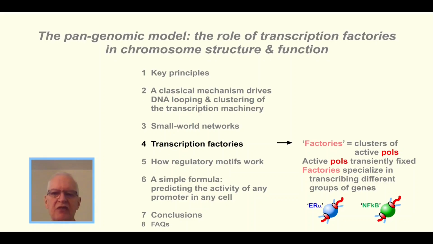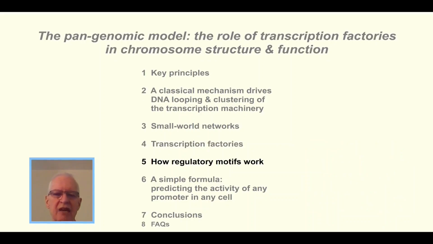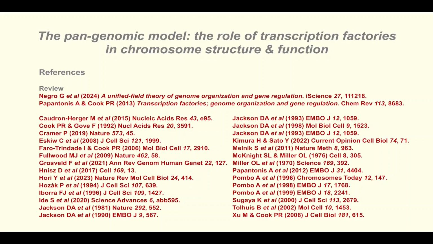And I've also said that factories specialize in transcribing different groups of genes. In the next section, I will discuss how regulatory motifs work. For much more evidence for immobile polymerases, see section 8.